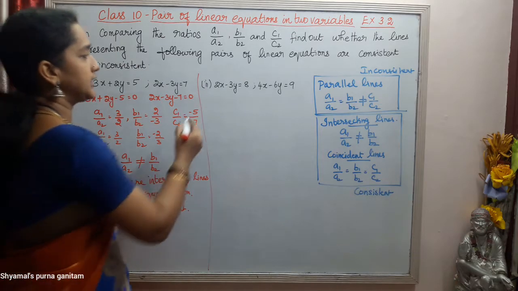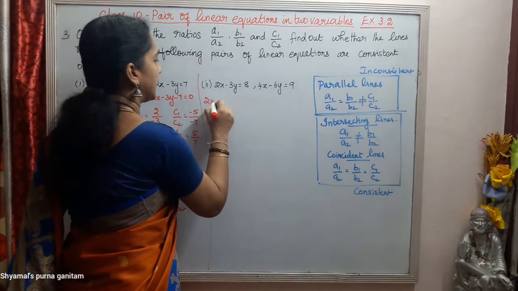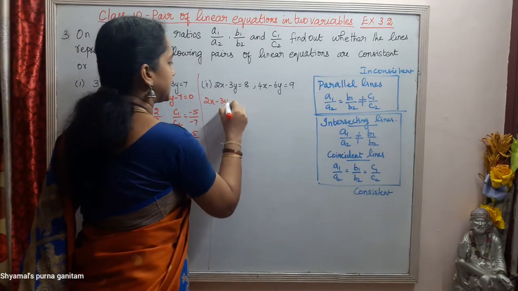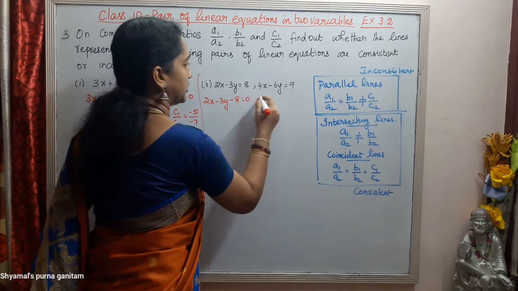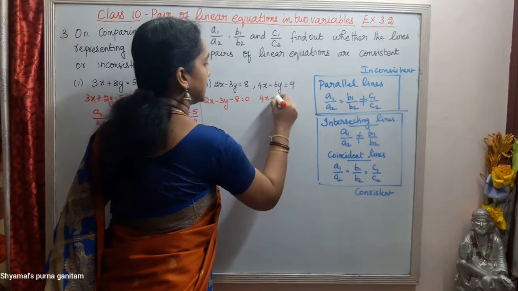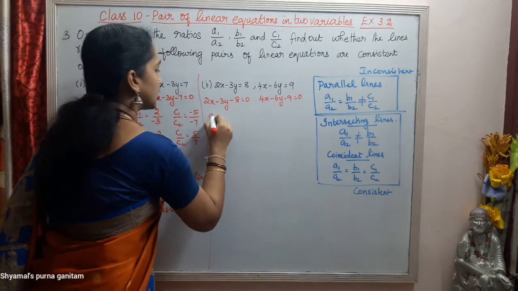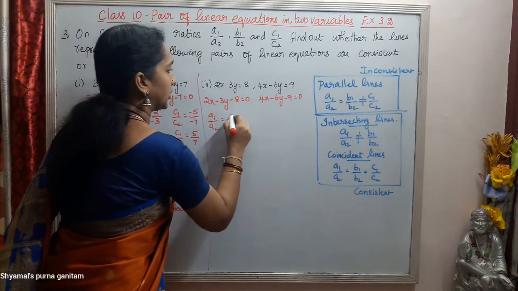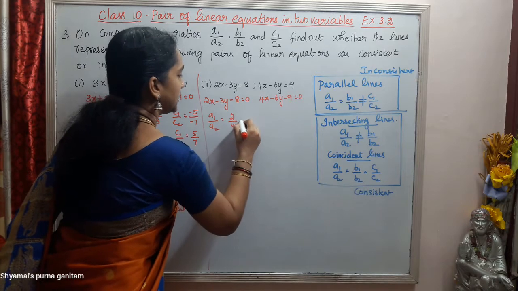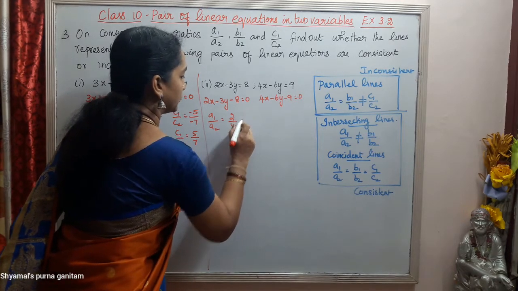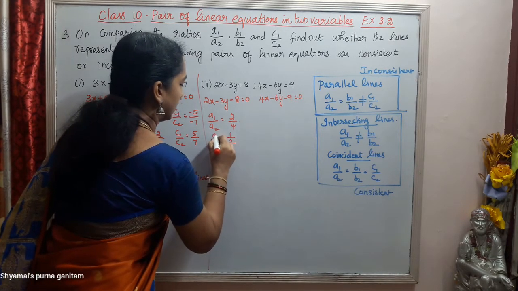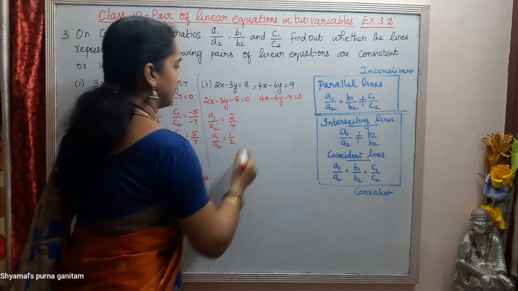Then the second one is the same way. We will rewrite this as 2x minus 3y minus 8 is equal to 0 and 4x minus 6y minus 9 is equal to 0. So A1 by A2 is equal to 2 by 4, that is equal to 1 by 2.